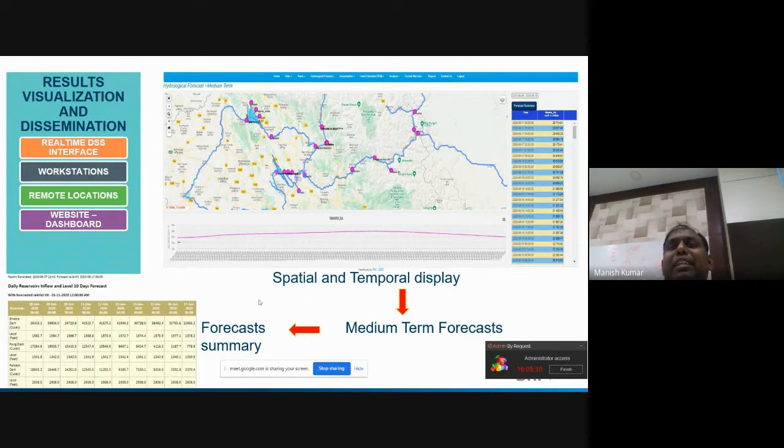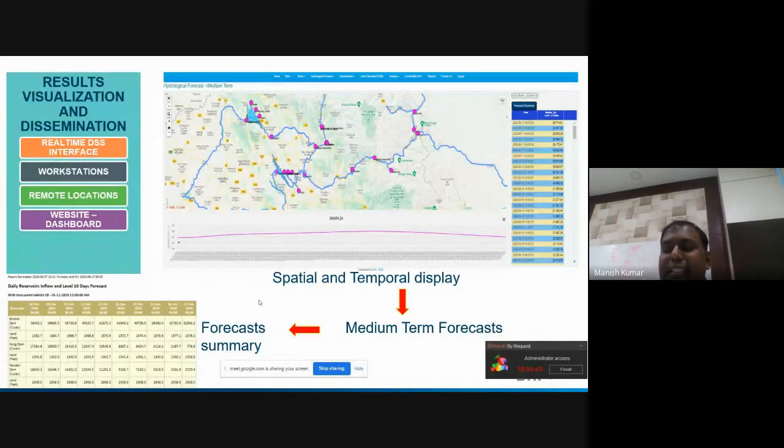Then, especially during the summer period, when summer starts in March, April, snow melt starts, and the reservoir level is low, the irrigation demand is very high. So it's very important to know how much snow melt will come in the next 3 months, basically April, May and June, because from July the monsoon will start again.